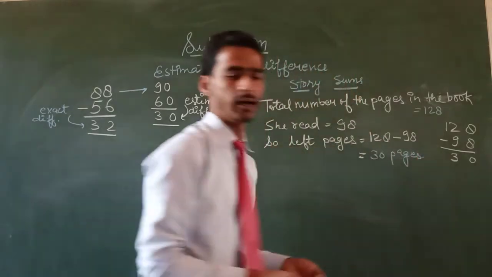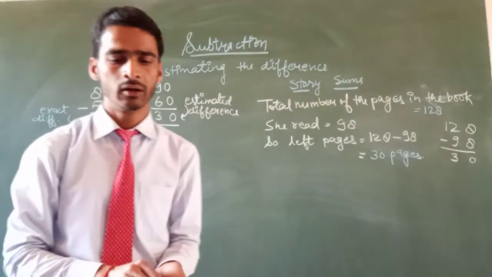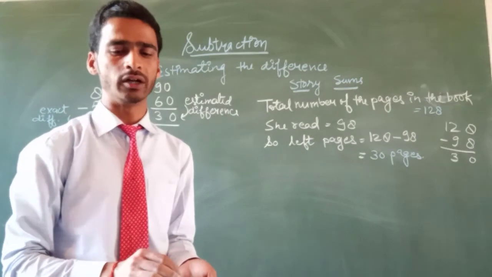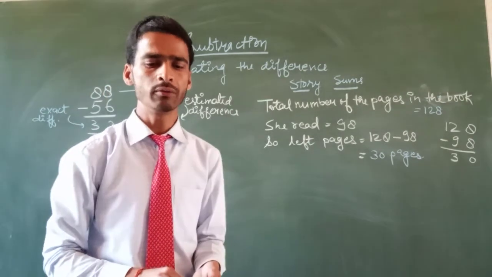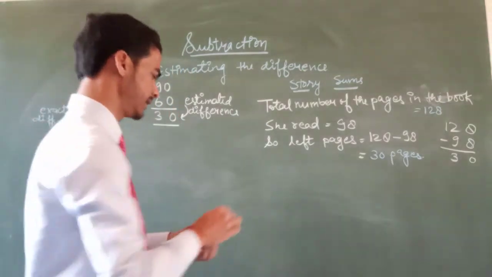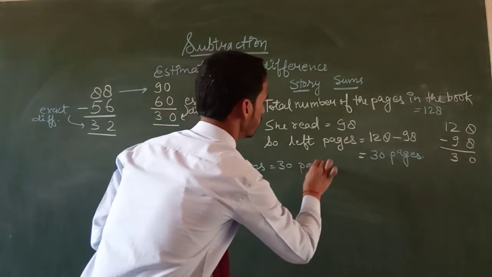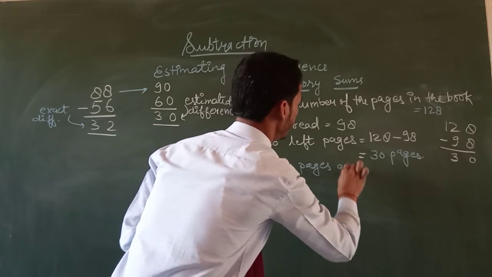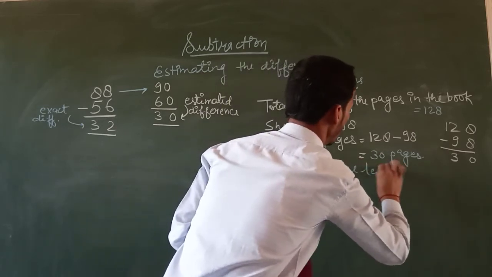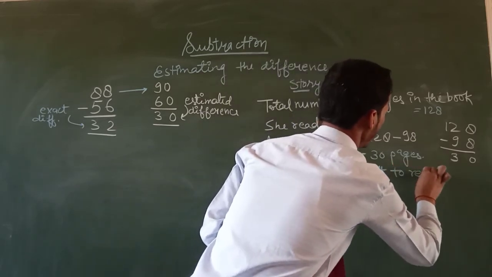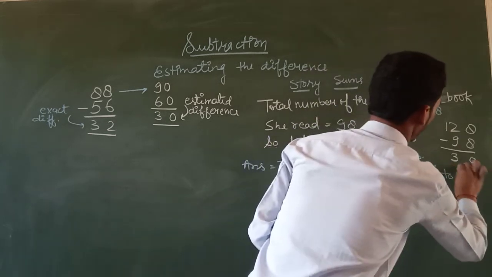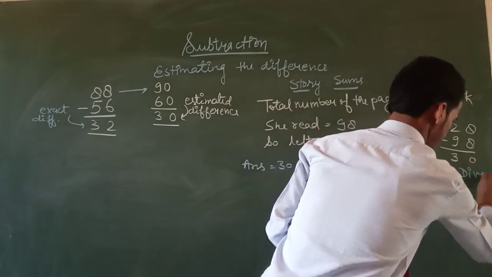So you can say that 30 pages are left for Divya to read. So the answer is 30 pages are left to read for Divya.